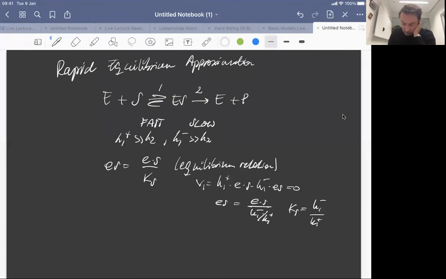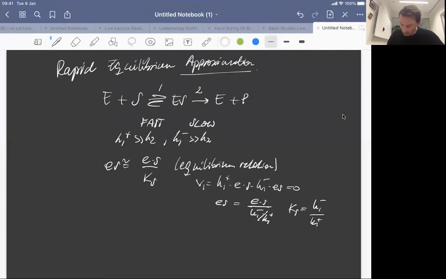And this then leads to this equilibrium relationship. So even though these events sometimes occur, this is going so fast that this relationship is nearly always approximately true.